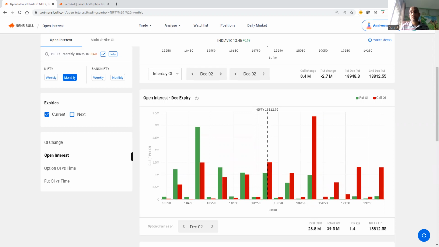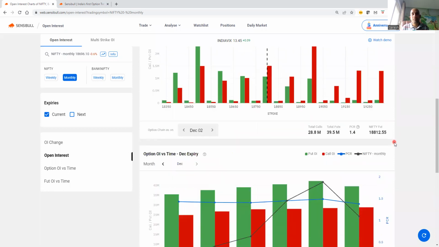If you see here, more calls, 28 million, and 13 million puts. Overall PCR is 1.4. I think we all know PCR 1.4 is bullish, because more puts are written than calls. That's where we got 1.4. So in this image, in one shot, we can understand open interest for the monthly.